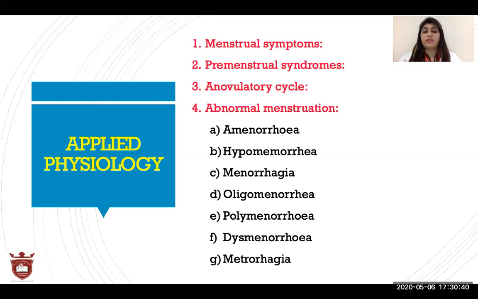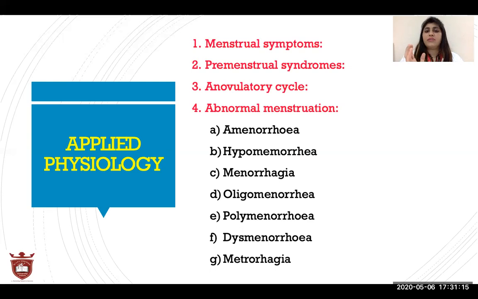Those are menstrual symptoms. Premenstrual symptoms are those which appear 4 to 5 days before the menstrual cycle. That is also called PMS, premenstrual syndrome. There is also abdominal cramping, pain all over the body, breasts become heavy, and mood swings are there, or irritability increases, emotional instability is there, depression is there.